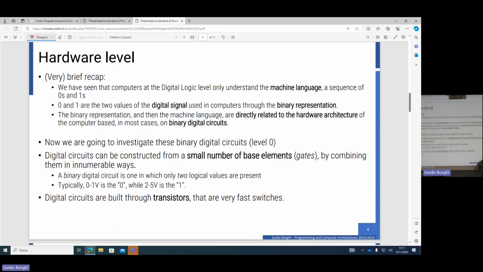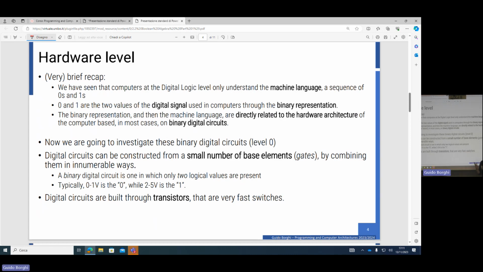We can combine different gates that are the base elements to create different digital circuits, okay? And our computers are based only on 3 different gates, 3 different tiny electronic devices, okay, called gates.